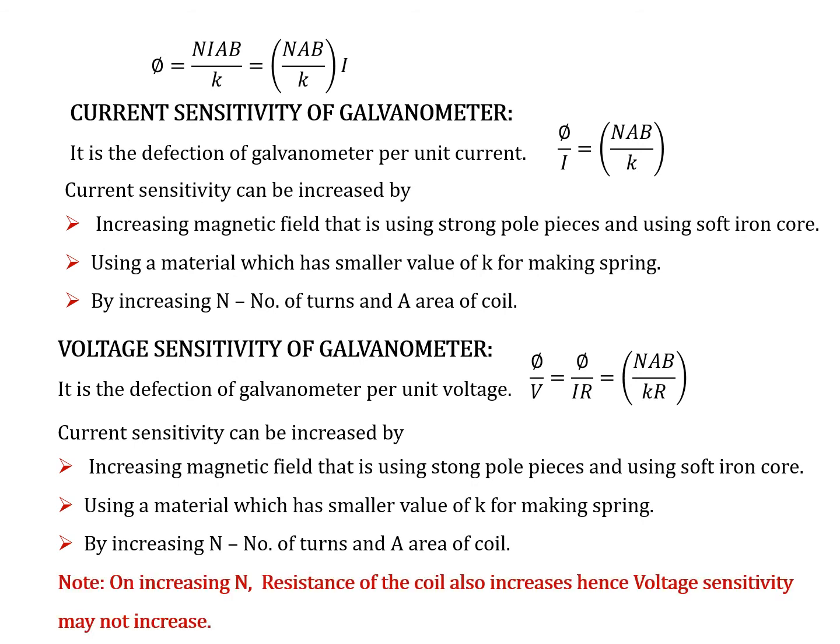But important to note here is, on increasing N, the resistance of the coil also increases, hence voltage sensitivity may not increase. So increasing current sensitivity may not necessarily increase the voltage sensitivity also, because on increasing N and A, the resistance of the coil will increase and hence the voltage sensitivity may not increase.